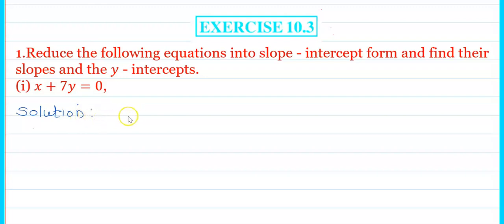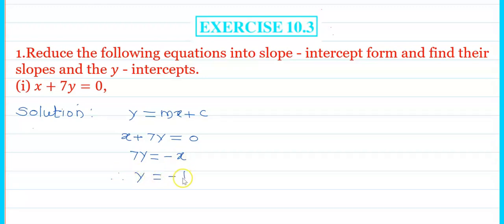Now the solution. The slope-intercept form is y = mx + c. Therefore the given equation x + 7y = 0 can be written as 7y = -x, and therefore y = -1/7 x + 0.